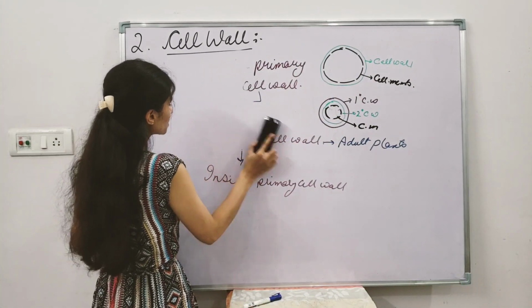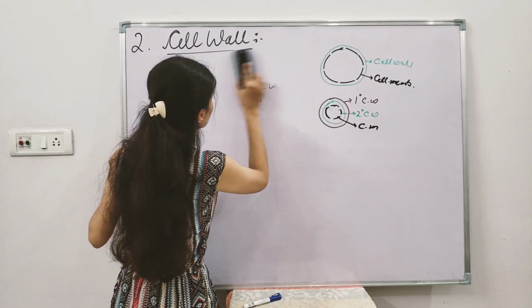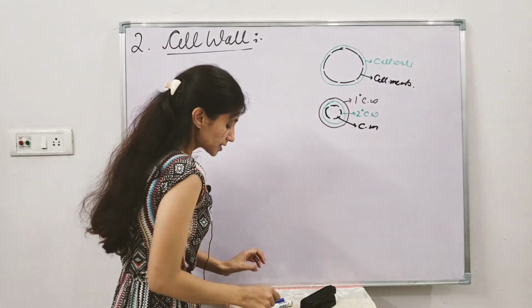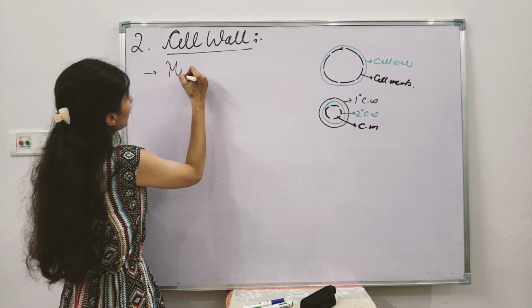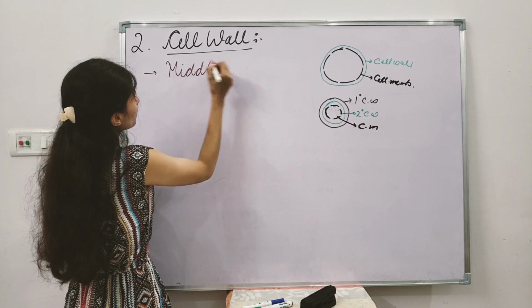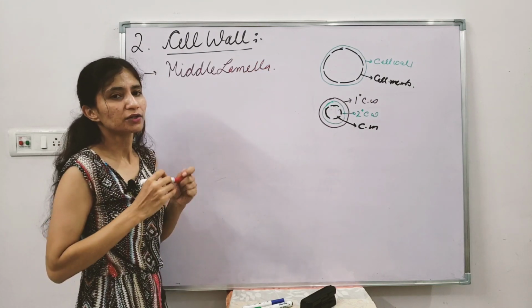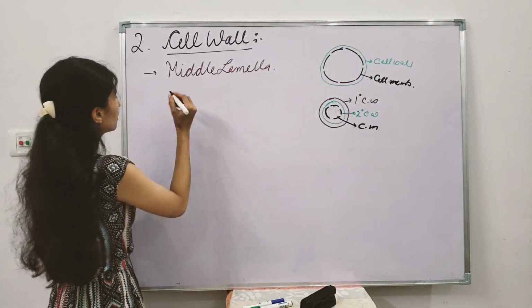Now moving ahead, we have one or two things to discuss in this topic. In the cell wall, we have one thing called the middle lamella. What is the role of this middle lamella?